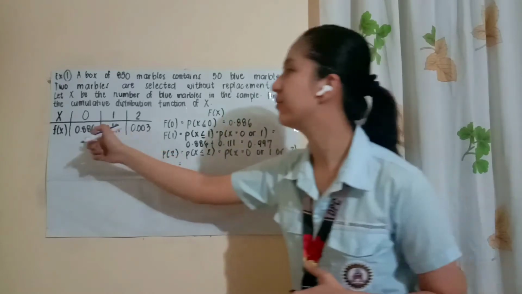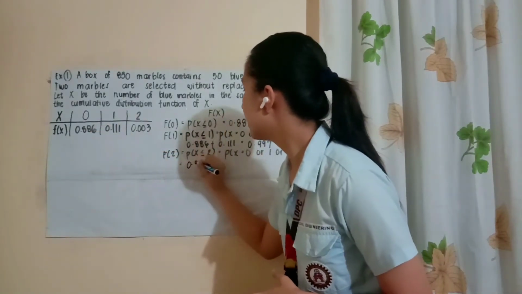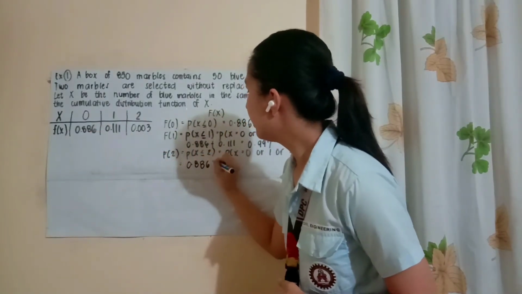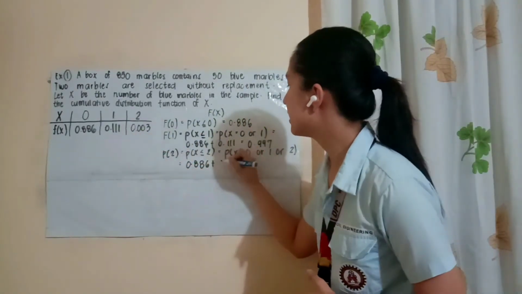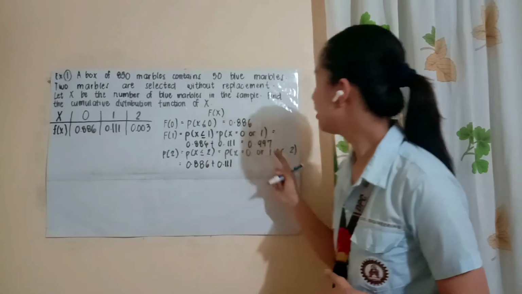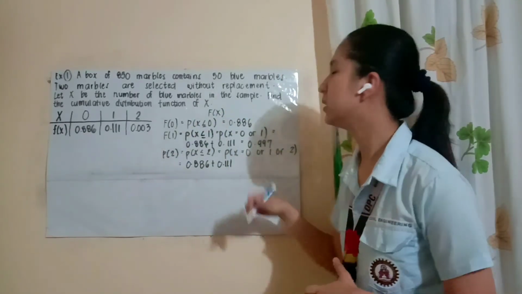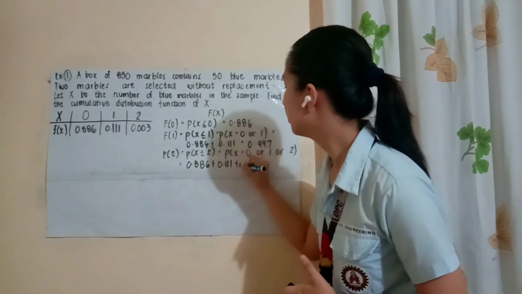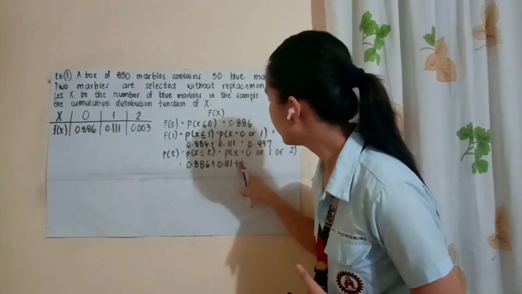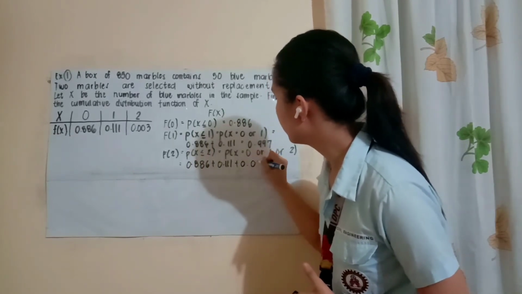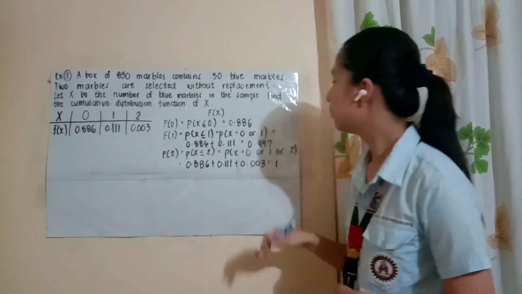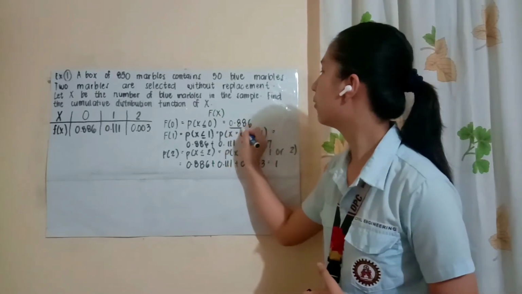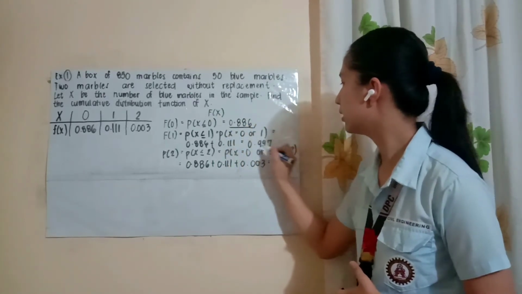For the 0, we have 0.886. And then, i-add lang natin uli sila. We have the probability of 1, that's 0.111, and the probability of 2, that's 0.003. So, this will be equal to 1. So, meron na tayong tatlong values for our cumulative distribution function.